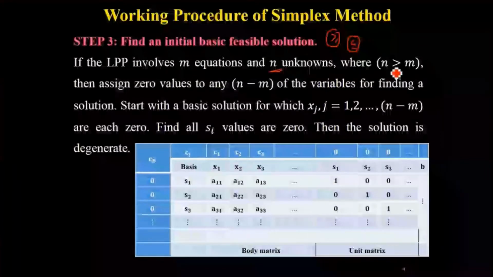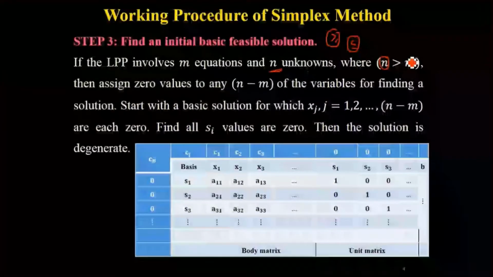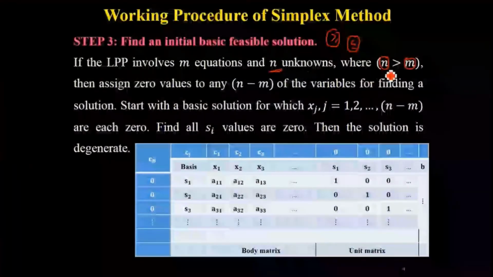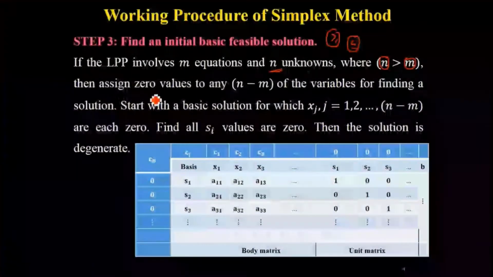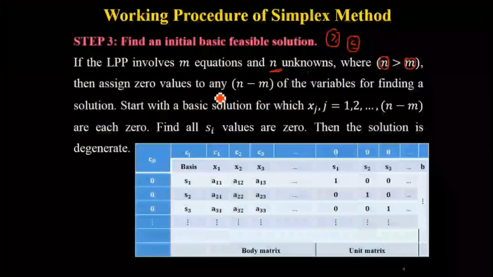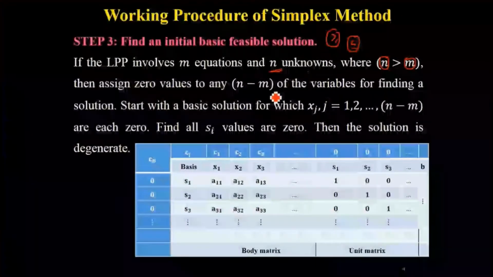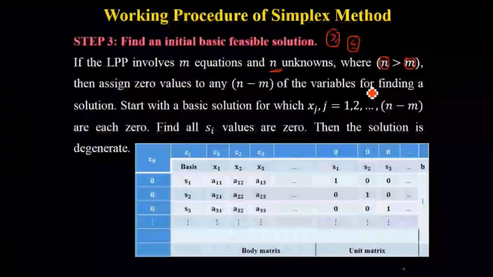That's why we consider n greater than m. When the number of unknowns is greater than the number of equations, we have to assign 0 value to any n minus m of the variables for finding the solution.